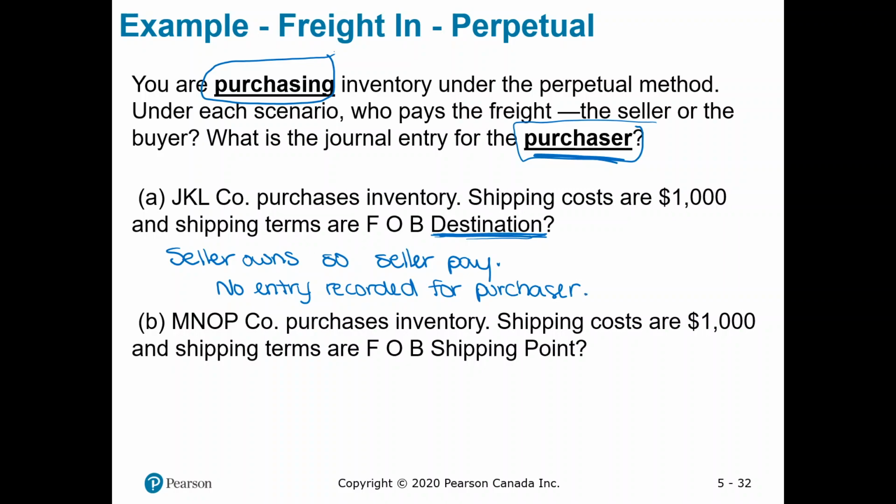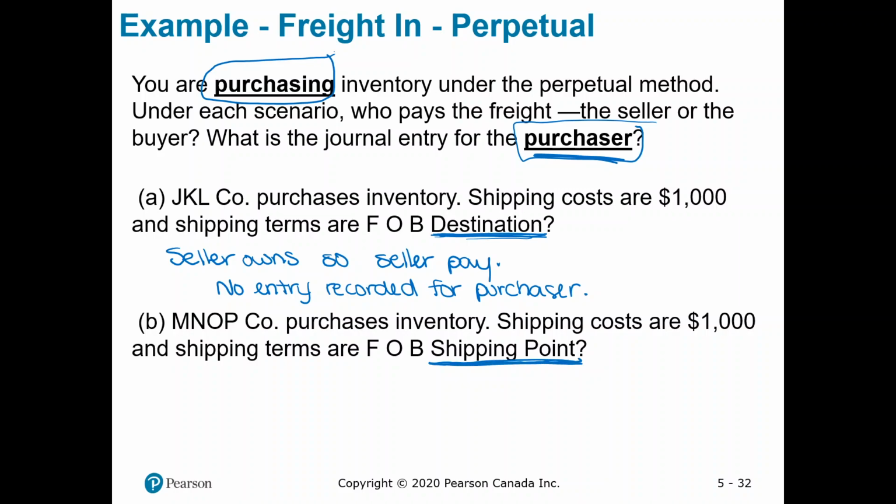Okay, so now part B, M&OP Company purchases inventory. Again, the shipping costs are $1,000, but now shipping terms are freight on board shipping point. So we figure out, when does the title transfer? Well, the title transfers from the seller to the buyer at the shipping point.